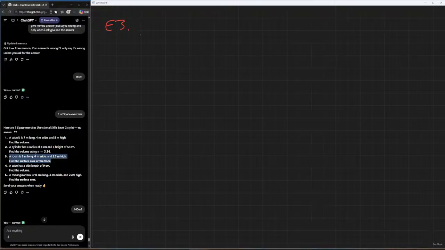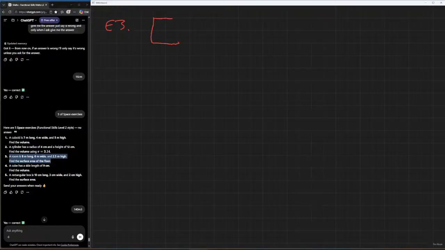A room is 8 meters long, 6 meters wide, and 2.5 meters high. Find the surface area of the floor. So, of the floor. Does it ask only for the floor? Probably only that. Imagine you have a room like this.